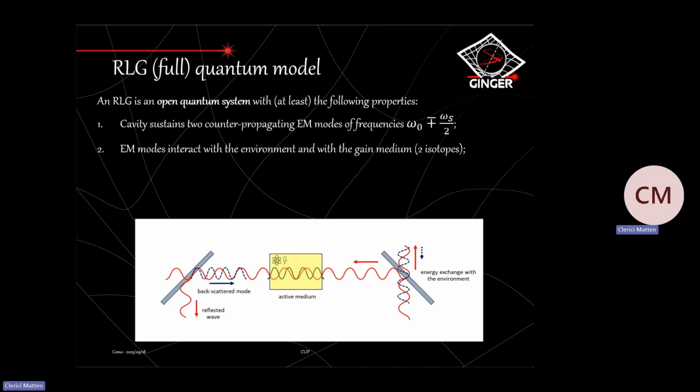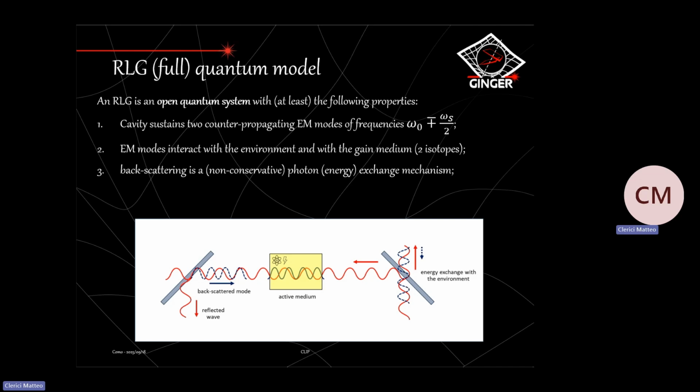Then you have to account for the environment and for the fact that the laser is made of two isotopes, because if you have only one isotope, it's very difficult to get the emission on different frequencies that will lock inside the laser. So you have two isotopes, and so the gain curve is two curves that are close together but somehow split.